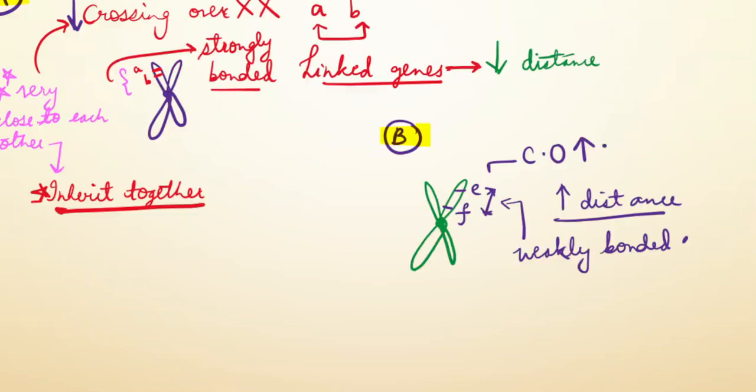Speaking about distance, if the linkage is higher, it means the distance between the two genes is lesser. So if linkage needs to be higher, the distance between the genes must be lower.